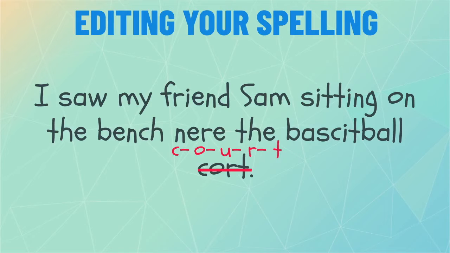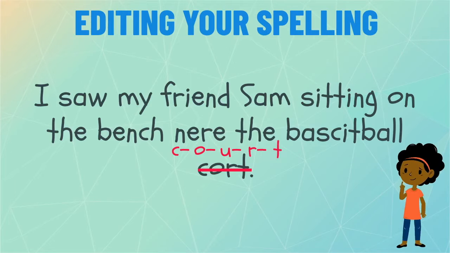That looks right. But what about the word near? That doesn't look right. Oh yeah, I remember that some letters make the same sounds but look different when you put them together, like the words here and hear.